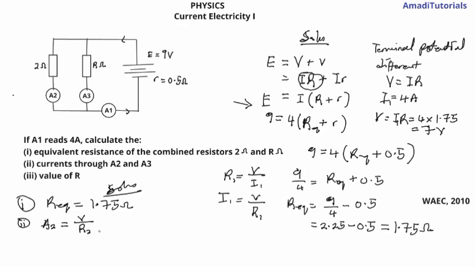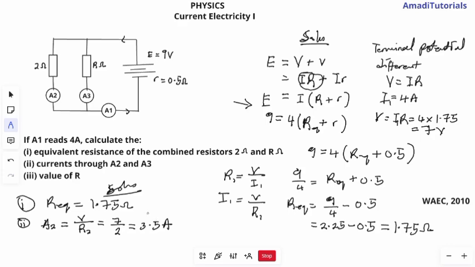So our A2 now will be equal to 7 divided by our R2, which is 2, the value of that resistance. So 7 divided by 2 is 3.5 amps.